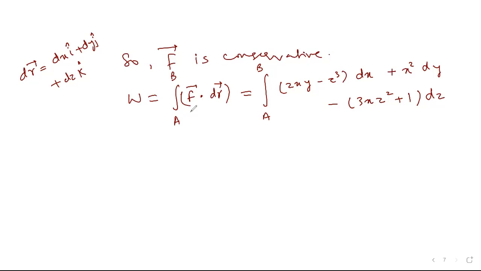So we can choose any path for our convenience to calculate W. So W is independent of the path, right? Because F is conservative, W is independent of the path.